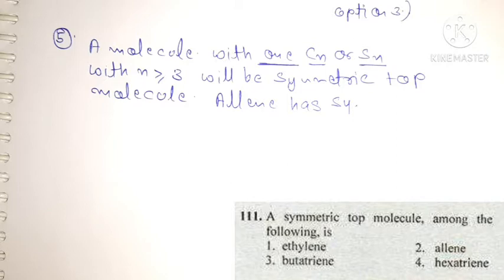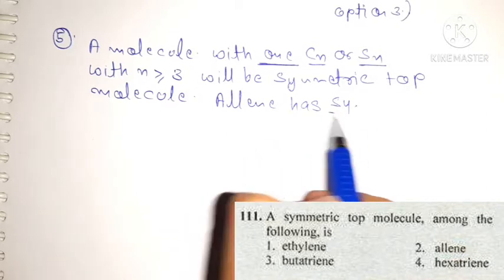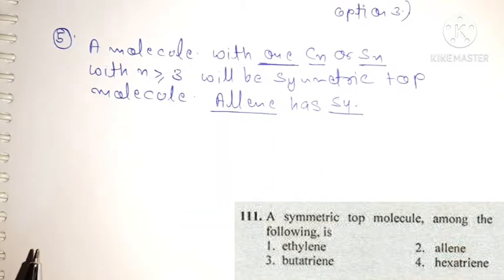And if you don't know that, if you have no idea about the S4 symmetry element in allene, then please visit my video, that is CSIR NET December 2016 solution of group theory series. I will place a link over here, on the right hand side corner.